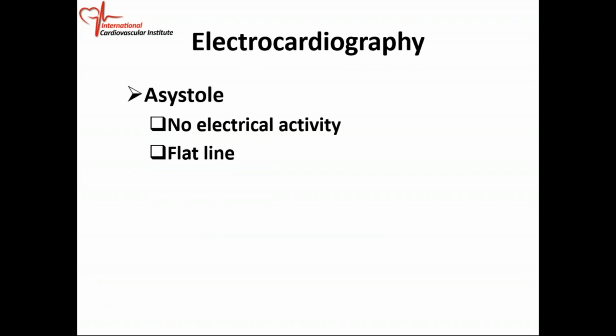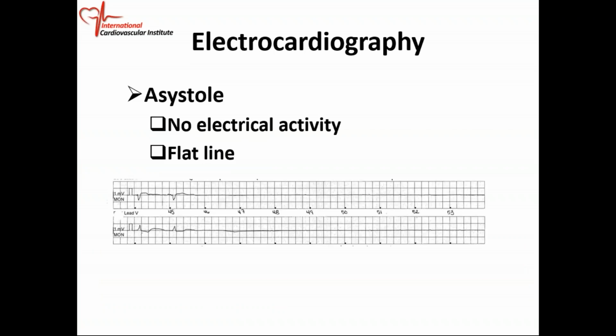So hypomagnesemia. Then the last rhythm that we're going to look at is asystole. Asystole means no electrical activity, flat line, it's death. This is actually a patient of mine. Let me give you the story of this guy.